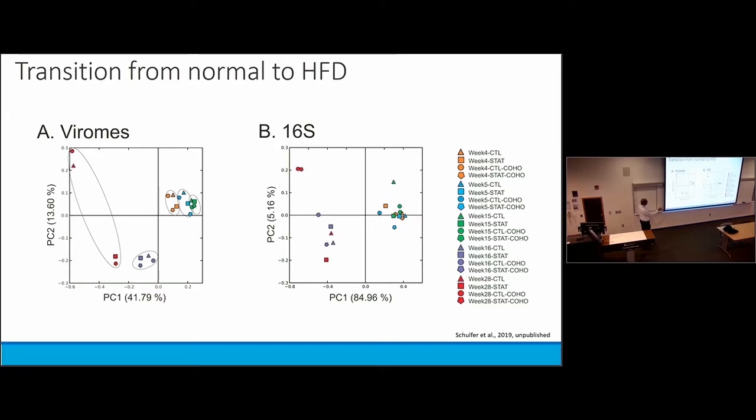You can identify that group. And then once we hit week 5, you can identify further differences or clusters. But after we change out that diet by week 16, we see a much different virome in these mice. And by week 28 on that high-fat diet, they've transitioned even further.